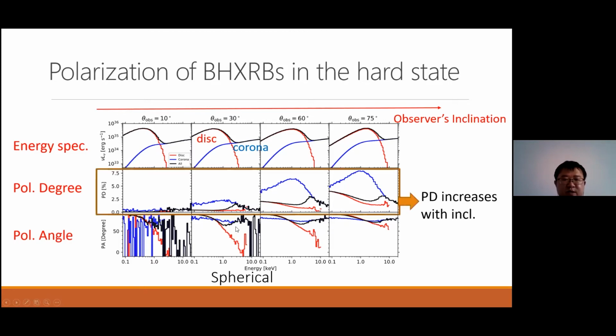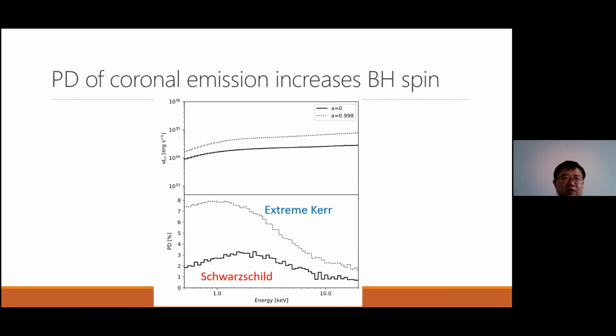Now, I will show you how the polarization degree changes with various parameters. Here is how the polarization degree changes with the black hole spin. So again, the upper panel is for the energy spectrum from 0.5 keV to 20 keV, and the bottom panel is the polarization degree.